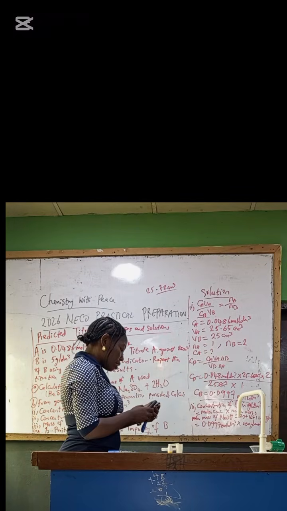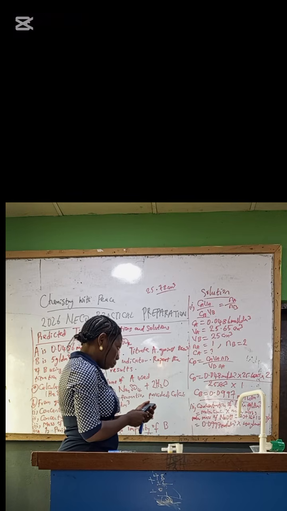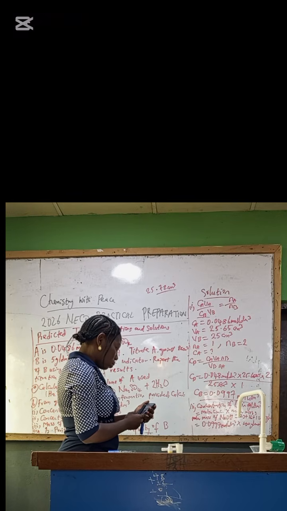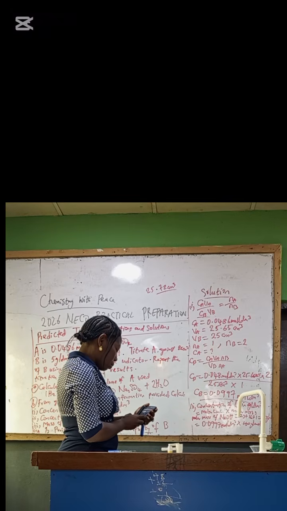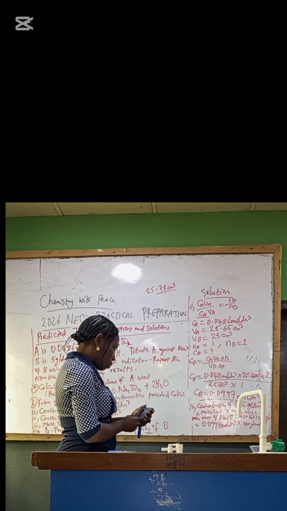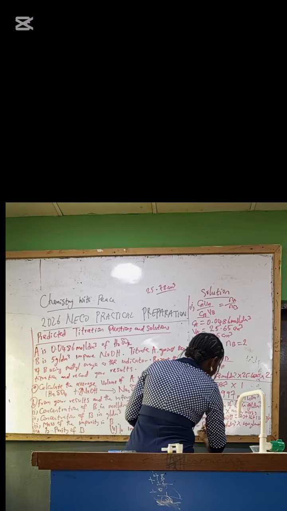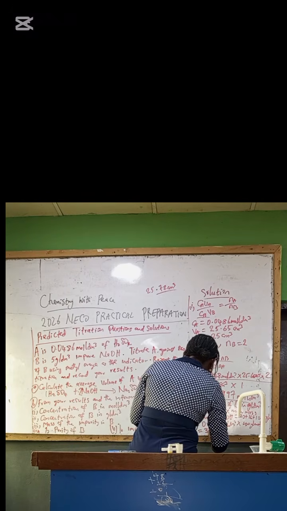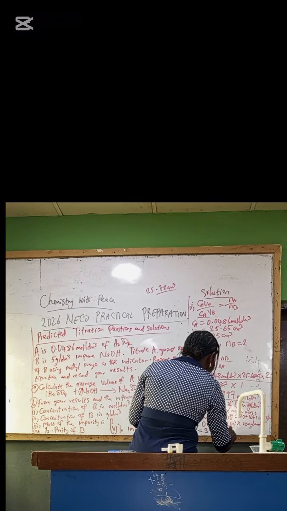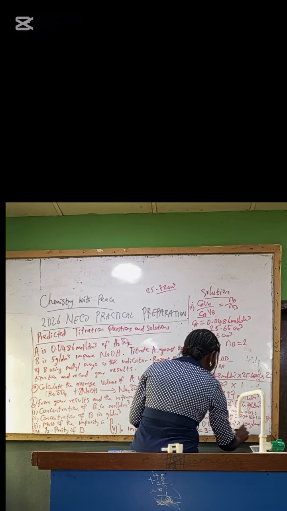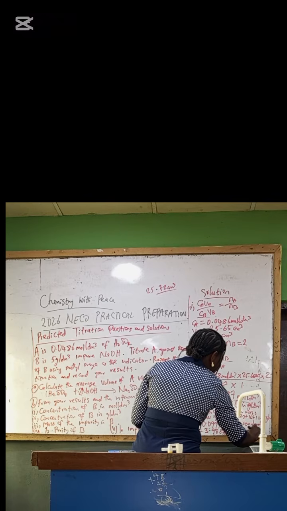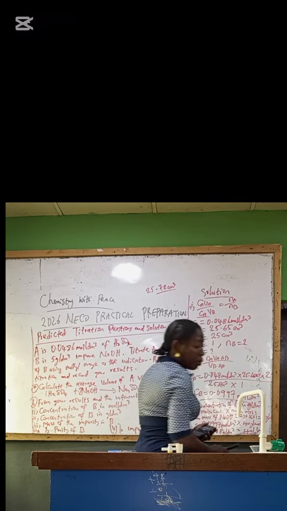Use your calculator, please. And we got 3.988 grams per dm cube, which is approximately 4 grams per dm cube.